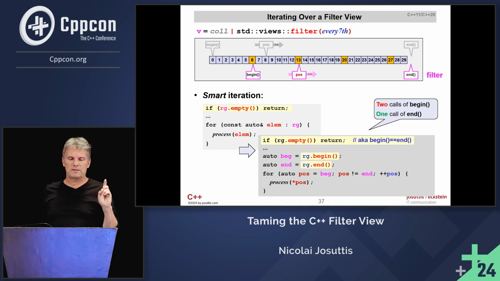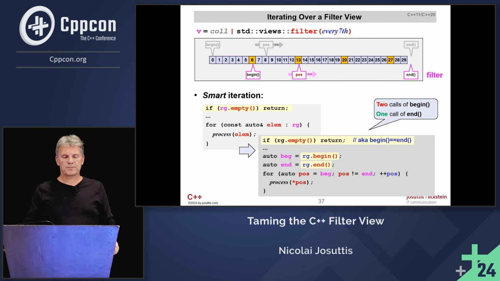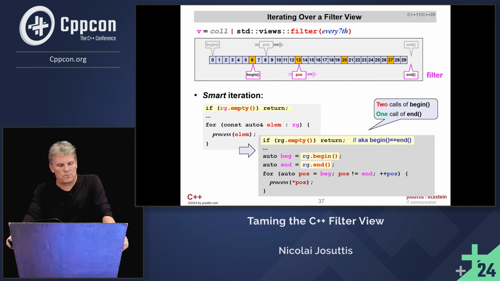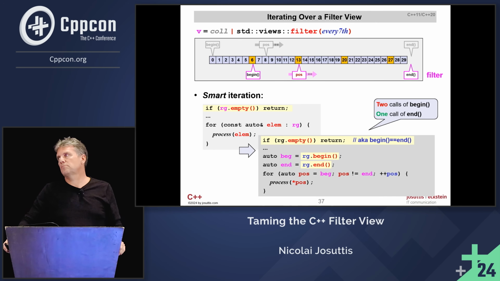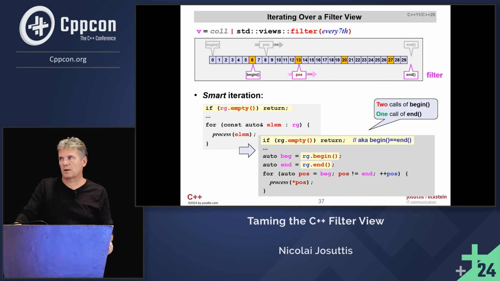This is not the filter view as implemented. This is assuming we would naively implement the filter view. So this is not what makes us very nervous. Yeah, we still have linear complexity, and yeah, it takes a little bit longer to have it twice.